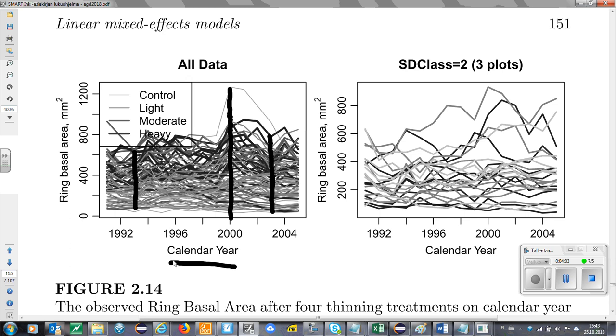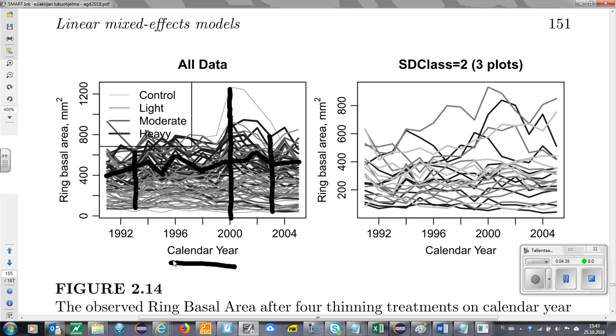If we look at a certain tree, it also remains at the same level in the plot. For example, if we follow this line here, which is one individual tree, we see that it roughly keeps its position among the other trees over time. So it seems that observations of the same tree are more similar to each other than two observations from different trees.